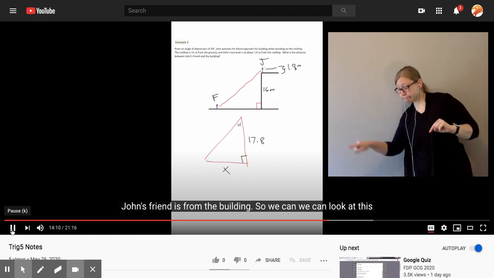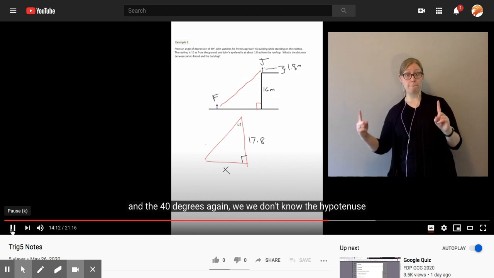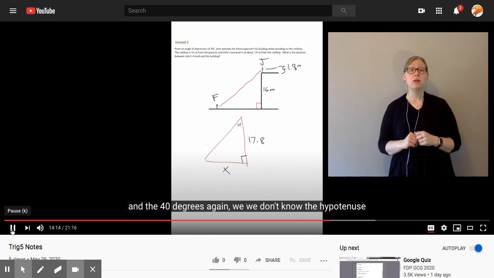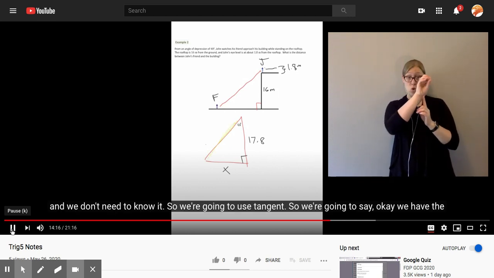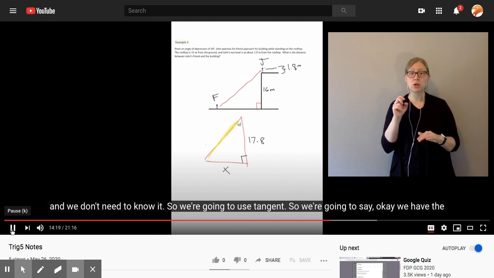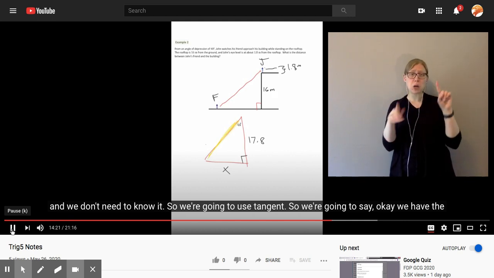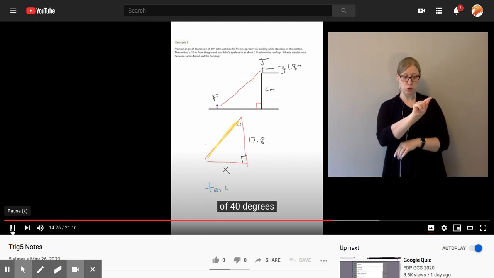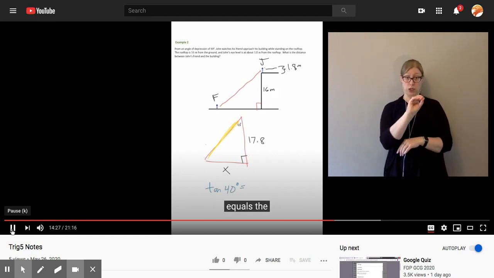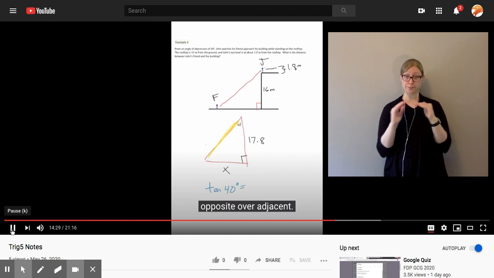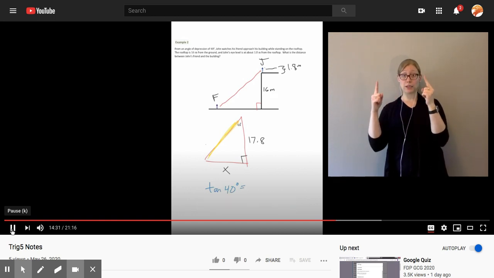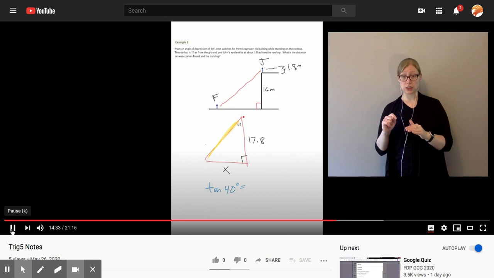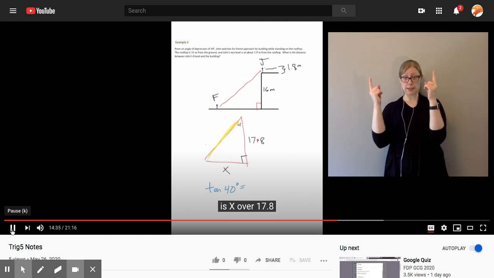So we can look at this, and the 40 degrees, again, we don't know the hypotenuse, and we don't need to know it. So we're going to use tangent. So we're going to say, okay, we have the tangent of 40 degrees equals the opposite over adjacent. So opposite over adjacent is x over 17.8.